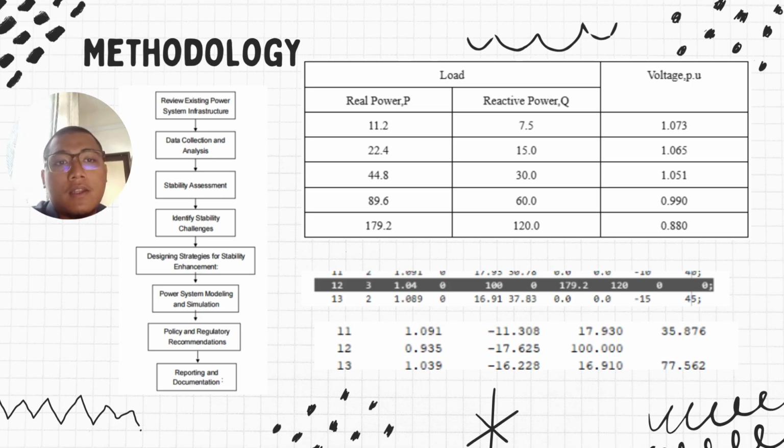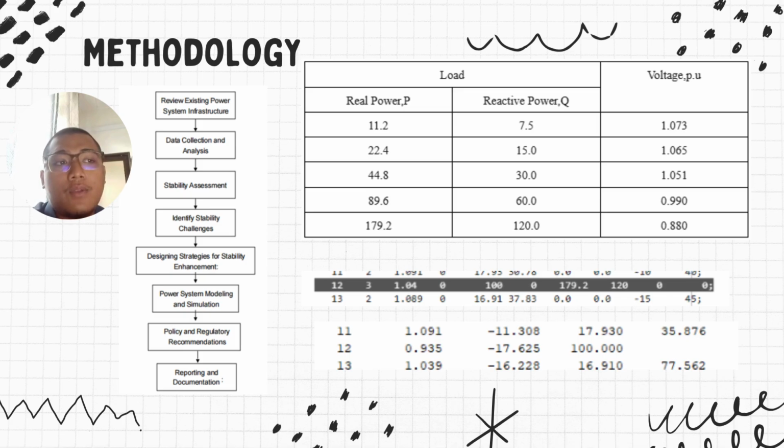The bus that was selected is bus 12 load. The modification we did at the command window to obtain the voltage value in per unit appears in the figure below. Bus 12's initial load was 11.2 megawatt with 7.5 MVAR. We measured the voltage at bus 12 after increasing the load by 100%.